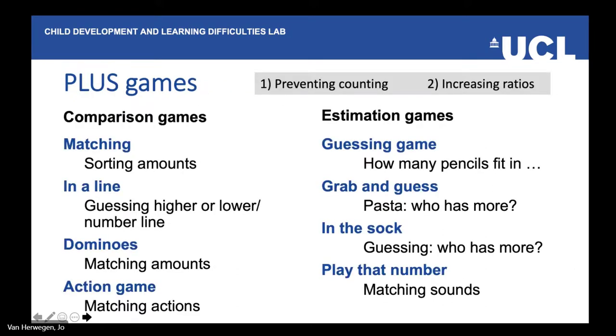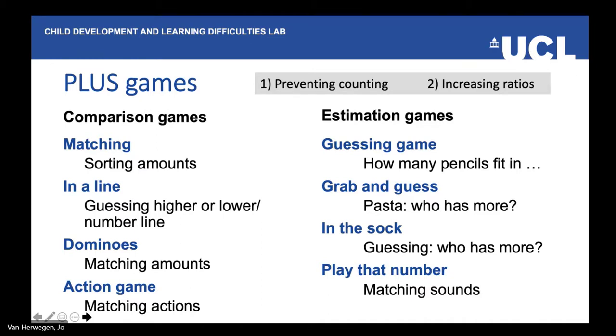So what happened is that we developed in 2013, maybe longer ago, some games. And there's two types of games. First, we developed some plus games. These are games that are developed to support the number sense, so your non-symbolic estimation.